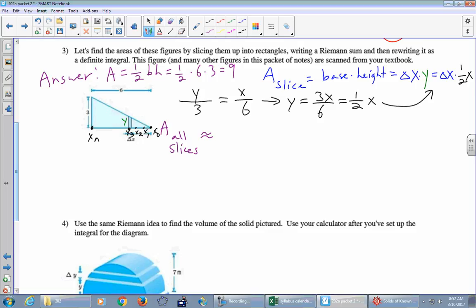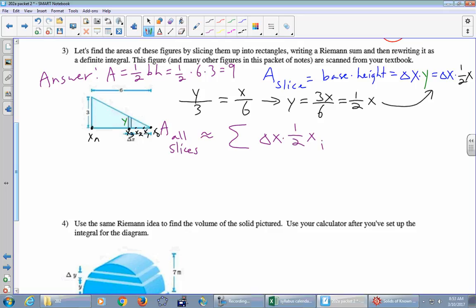And so all we're going to do is rewrite that thing inside of a summation. I'm going to copy it just like it is, delta x times 1/2 x. Right, that's that thing up there on the top right. The only twist here is that I'm saying, hey, there's really a little subscript of i right there.